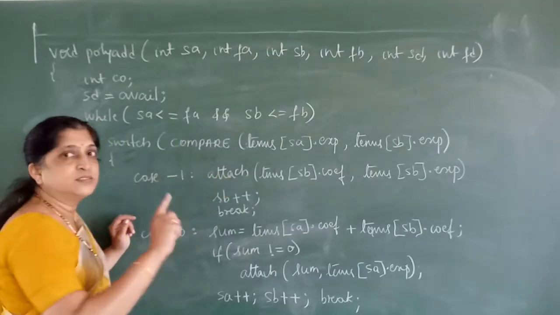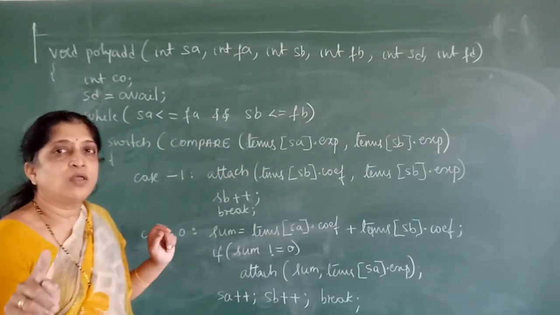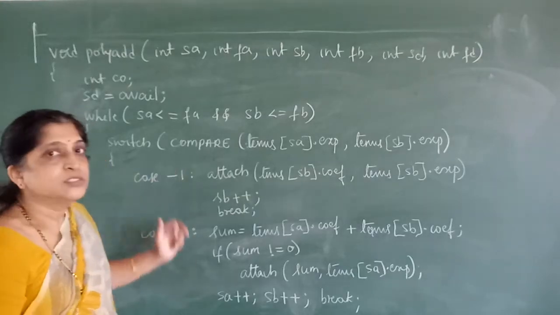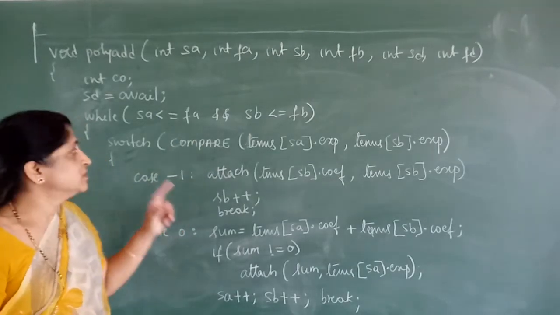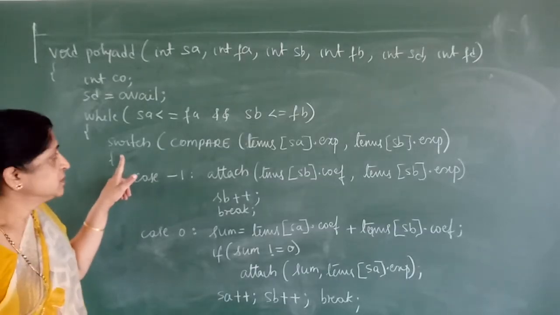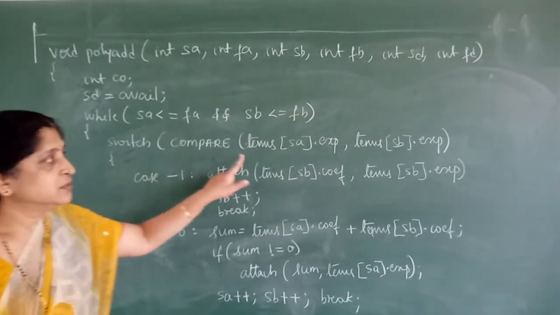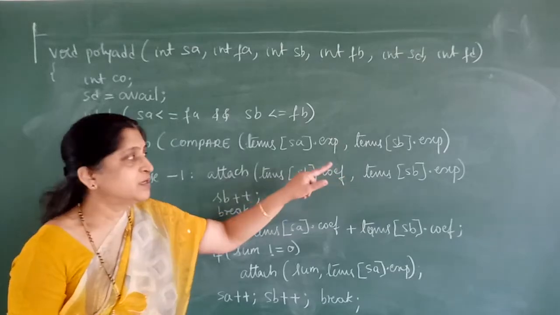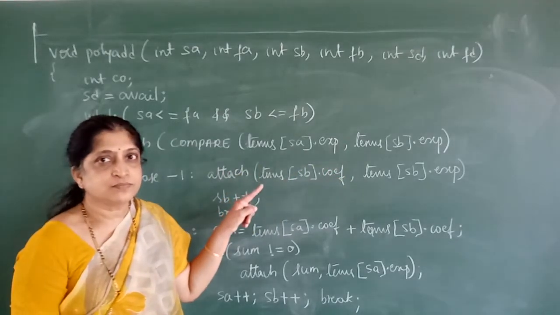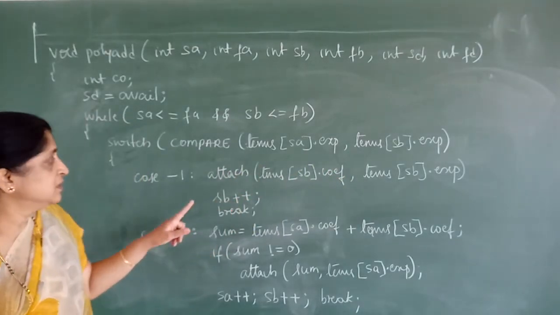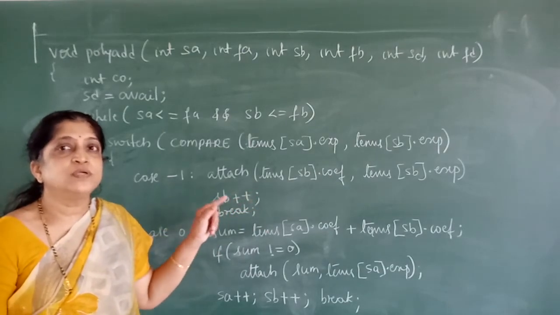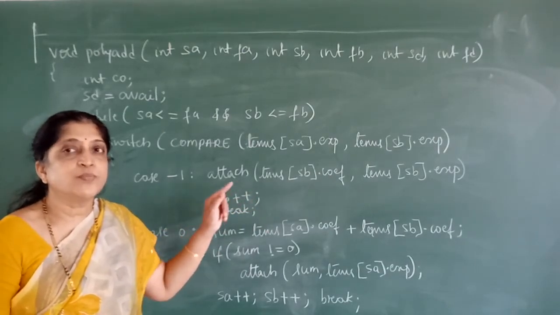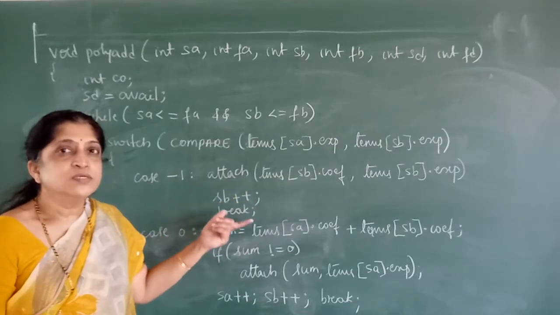This compare returns either -1 or 0 or 1. Based on that we are switching. So we are calling this compare macro in switch. Switch on compare of these two. If it returns -1, that means we have to attach the term of the polynomial B to the sum.